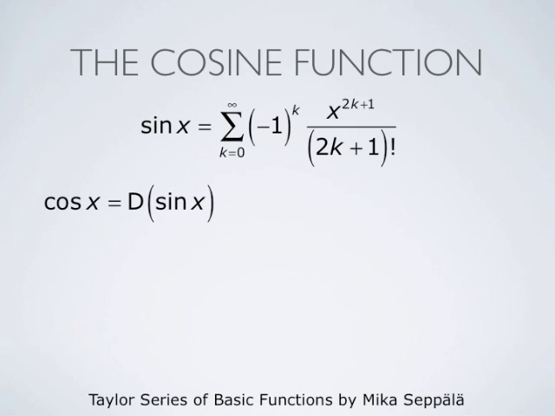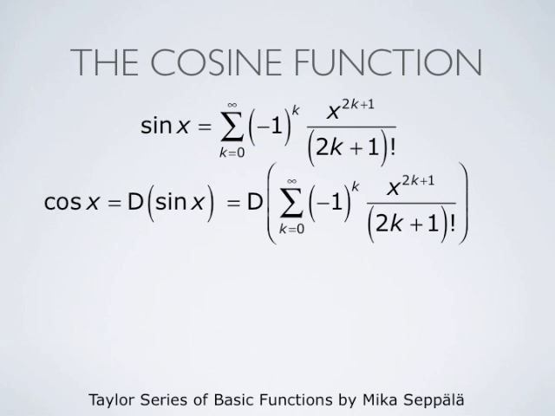Therefore, cosine of x is the derivative of this power series, summation k from 0 to infinity, (-1)^k x^(2k+1) divided by (2k+1) factorial. And the derivative of a power series can be computed by differentiating the power series term by term.